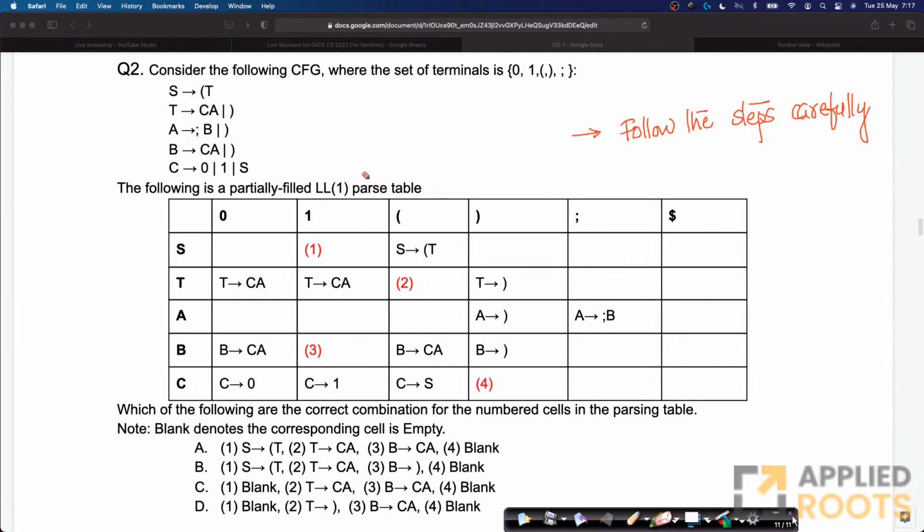Just follow the steps. If you don't know the steps, you have to go back and prepare. Good. I'm very happy.